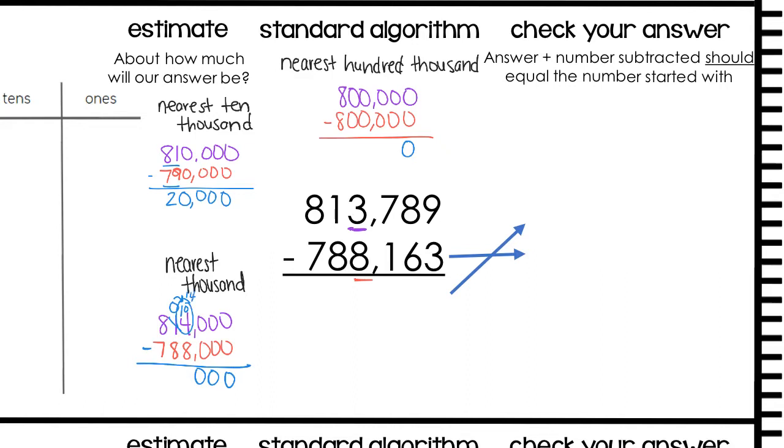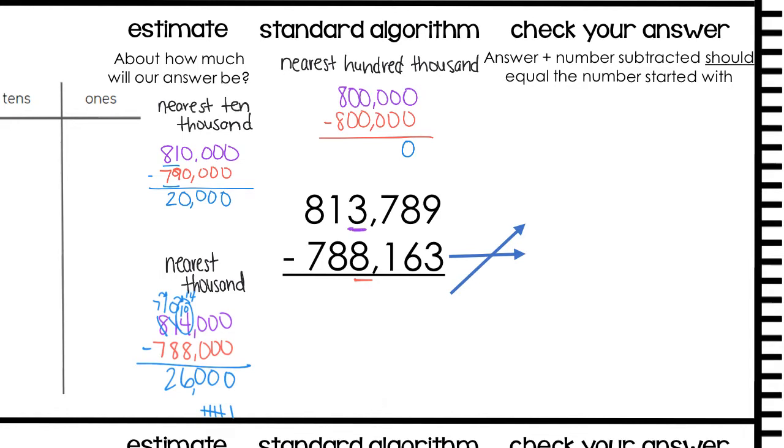That's 14. 14 minus 8 is 6. And then I have to regroup again, 7, make it 10. 10 minus 8 is 2, 26,000. So there's a pretty substantial difference there.